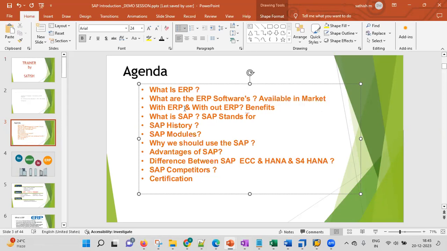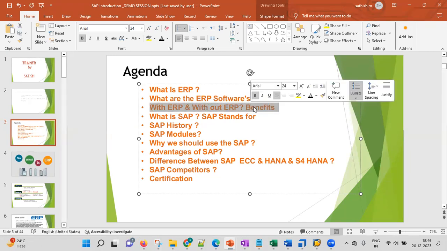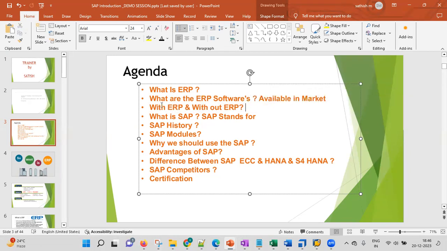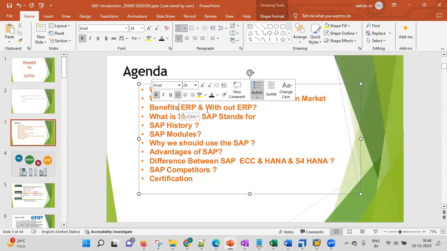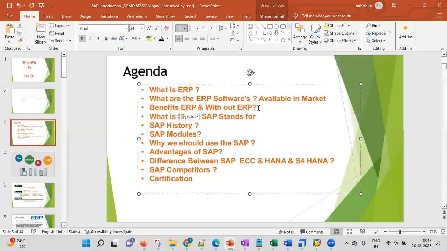And what are the benefits with ERP and without ERP? Next, after that, we will be learning about what is SAP, and what SAP stands for.